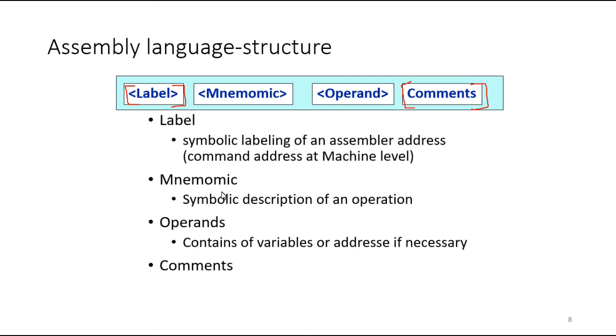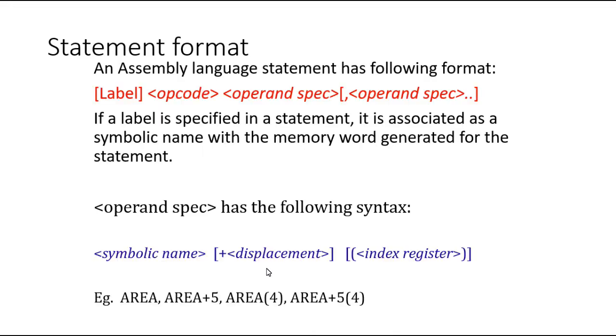Mnemonic opcodes basically imply what action is to be performed. Operands may mean a variable or an address. Then we have comments, which are really optional. And here we have it in its true form: in the square bracket the label, then opcode, operand specification, and there is a comment.